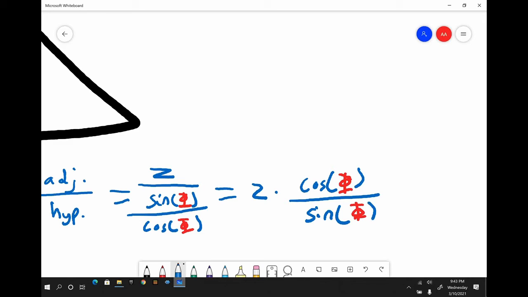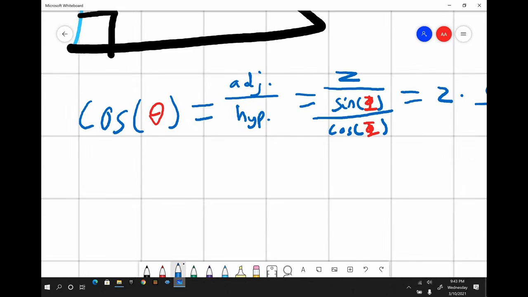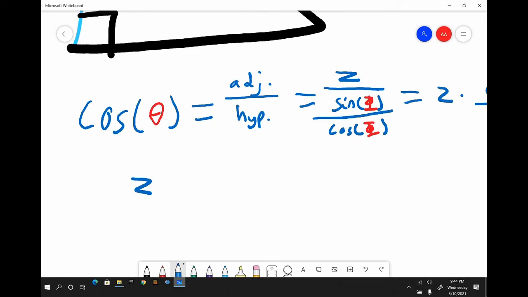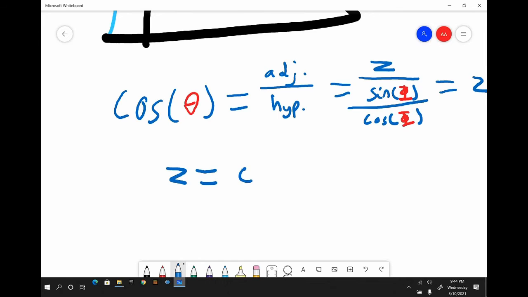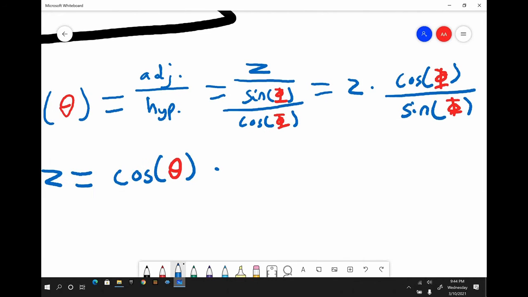And solving for z, we get that z is equal to the cosine of theta times the sine of phi over the cosine of phi. And remember, this is all side lengths. We have all of these trig functions like cosine of theta, sine of phi, and all that, but we're looking at side lengths.